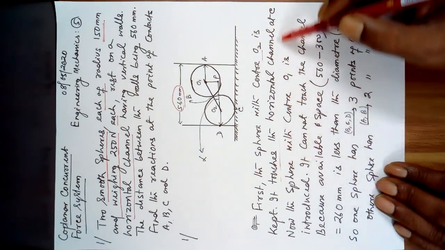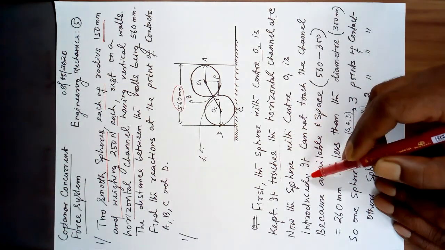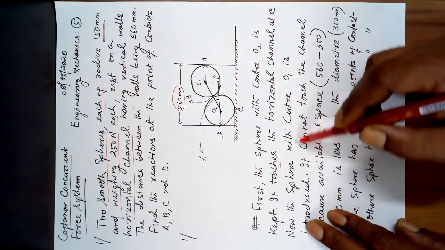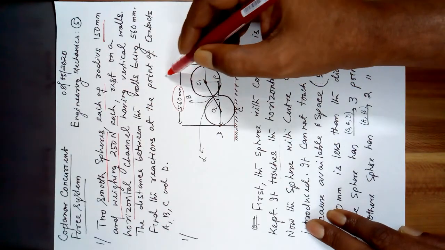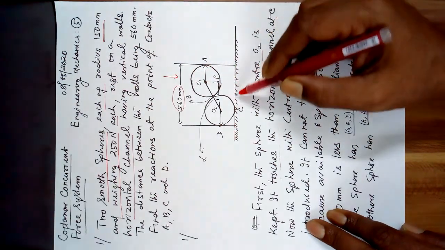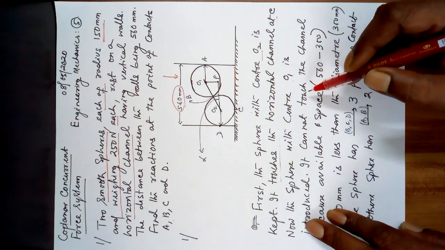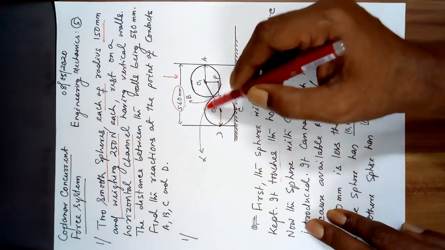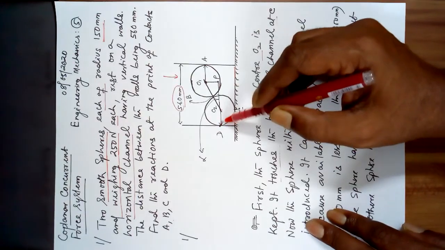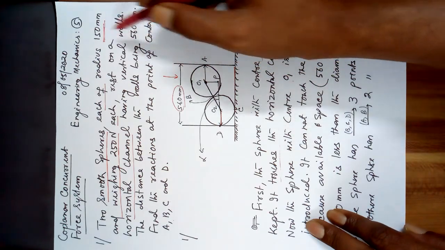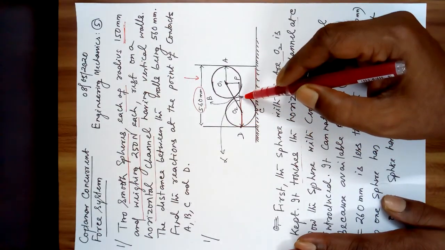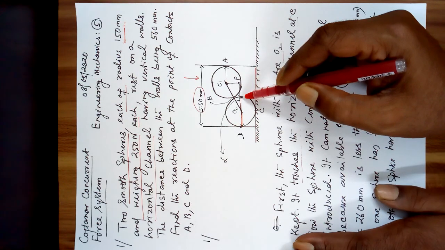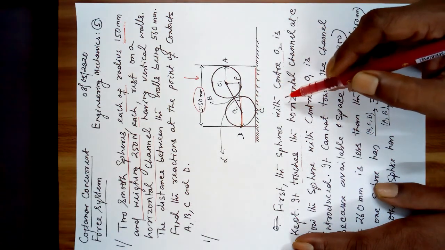It touches the horizontal channel at point C. Now the sphere with center O1 is introduced. Will it touch the channel here? No, because its radius is given as 150 mm, so its diameter is 150 plus 150, that is 300 mm.